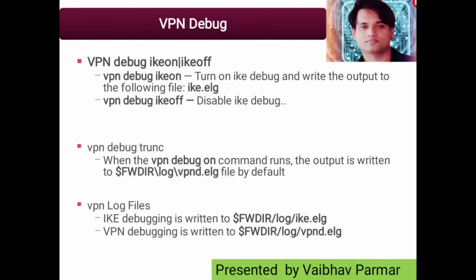When the vpn debug on command runs, the output is written to $FWDIR/log/vpnd.elg by default.